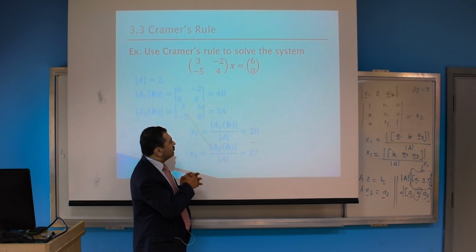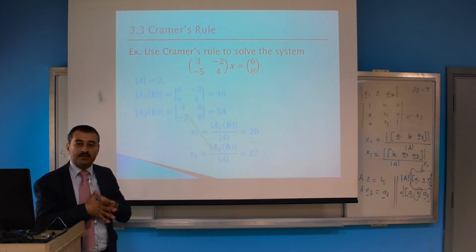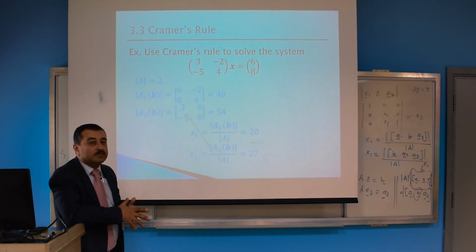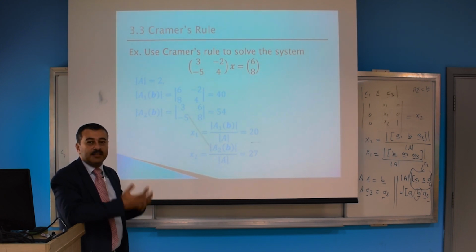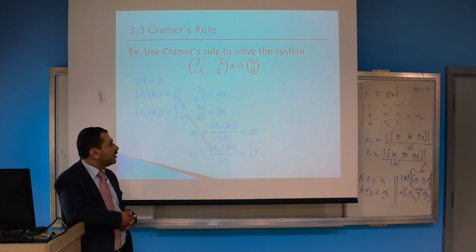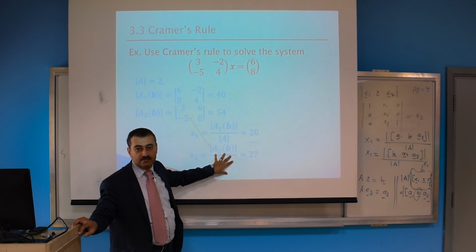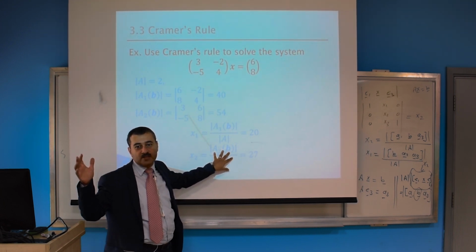Do you find any disadvantage of this method, Cramer's rule? Is it good to use this for high dimension, for example? You'll get a problem. You'll have to find determinants in high dimension. So it will take time if you expand the determinant using cofactors, for example.